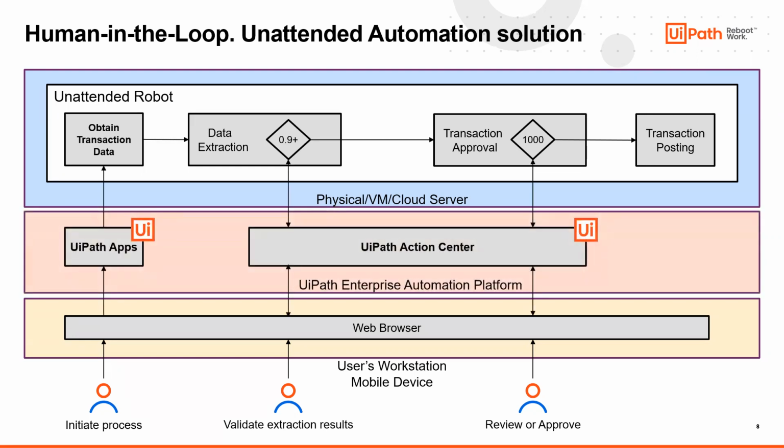This is all possible because as part of UiPath Enterprise Automation Suite, we offer UiPath Apps that allow you to build user interfaces to interact with robots very efficiently, and UiPath Action Center that allows robots and humans to exchange work items properly. So let's take a quick look at it.